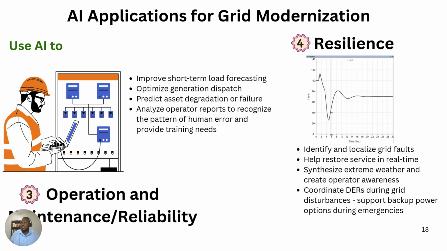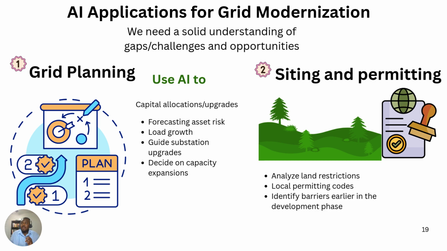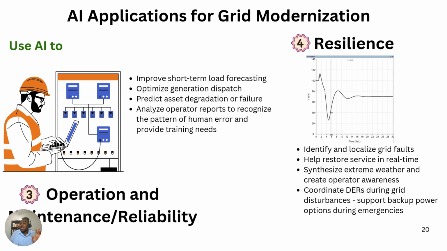So AI can also predict asset degradation or failure in terms of operation and maintenance, right? Operation and maintenance is a bit different from the last point we looked at in grid planning. So there's planning and then there's operation, right? In the planning stage, you would also plan about how much you can dispatch.